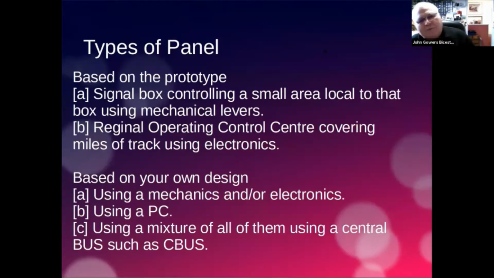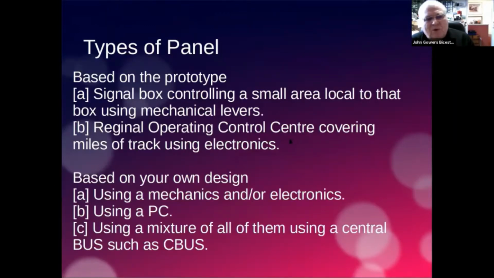So types of panel. People have all sorts of ideas about how to base the panel. I've listed here a few things that I think they break down into. The real thing has a signal box controlling a small area, and that's certainly how it was when signalling first started.